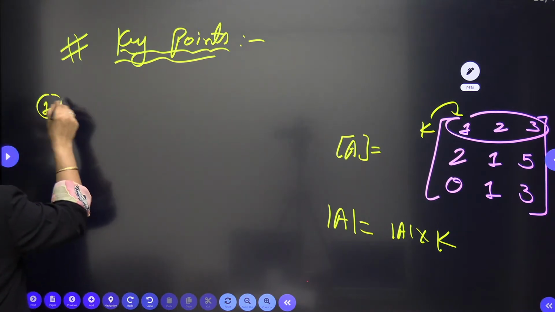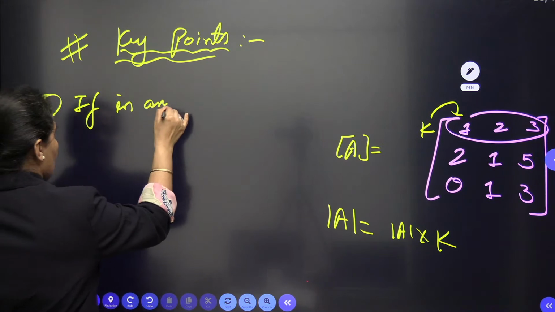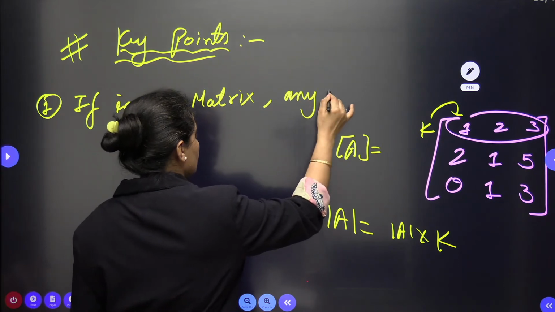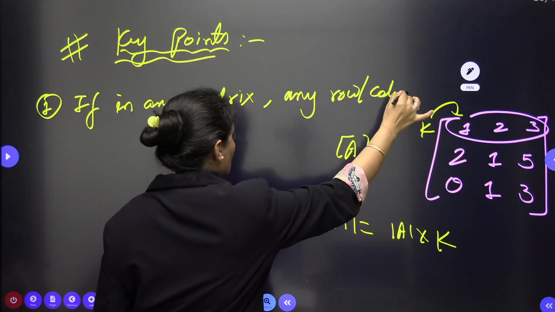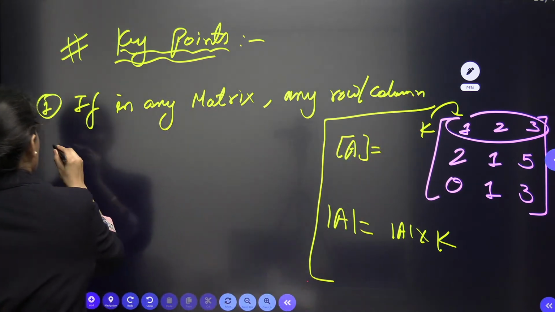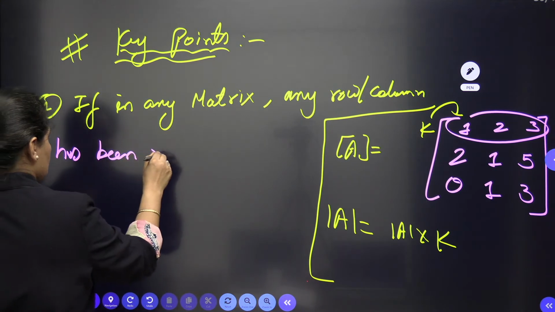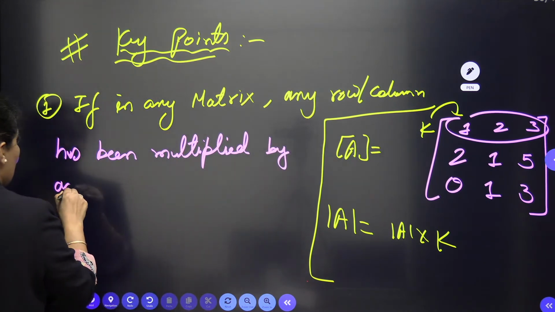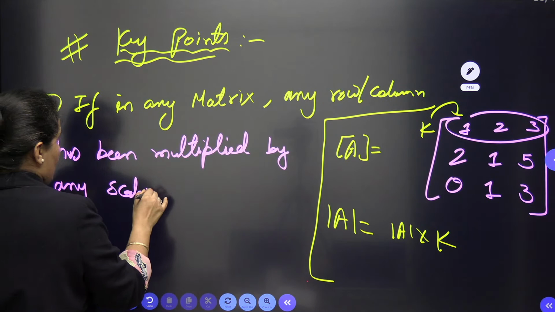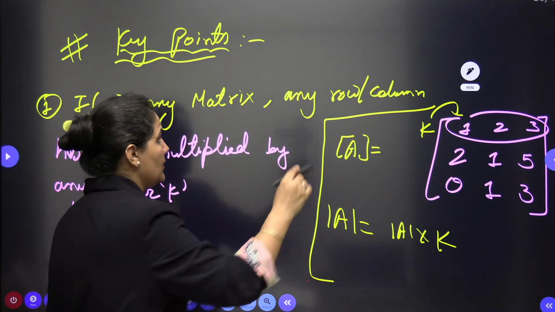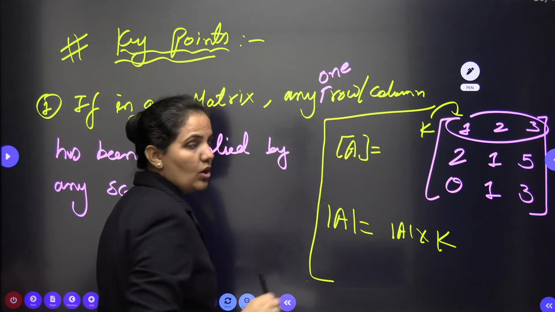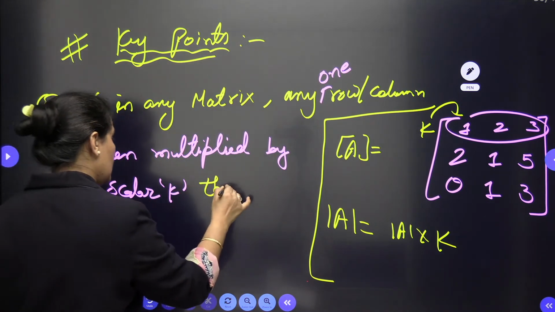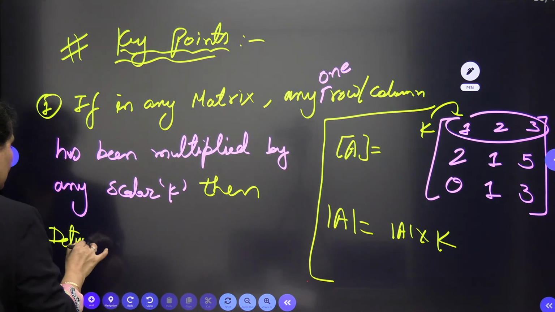So you can write down the property: if in any matrix any one row or column has been multiplied by any scalar k, then the determinant will also be multiplied by that scalar k.